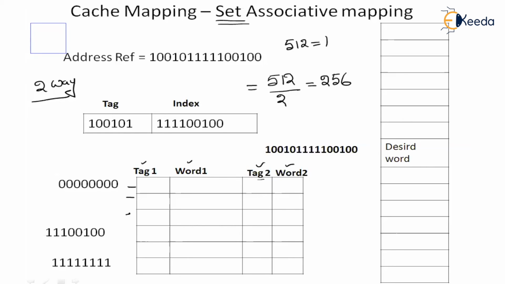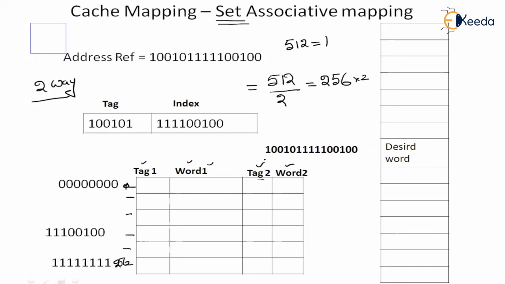Earlier, the total was 512. Now this is only 256, from 1 to 256, in which every set has 2 words. So 256 into 2 is equal to 512. Here we are not affecting the cache size. Cache size is not getting doubled.